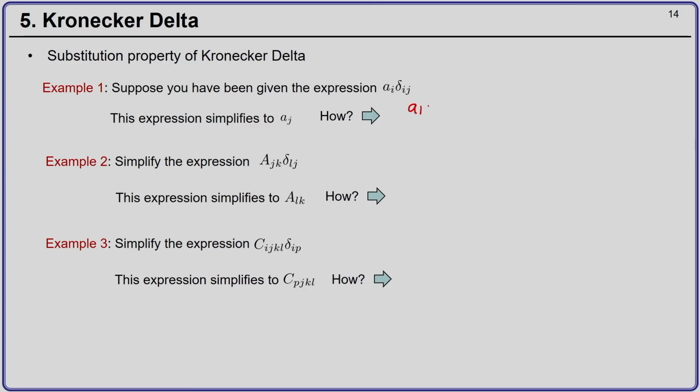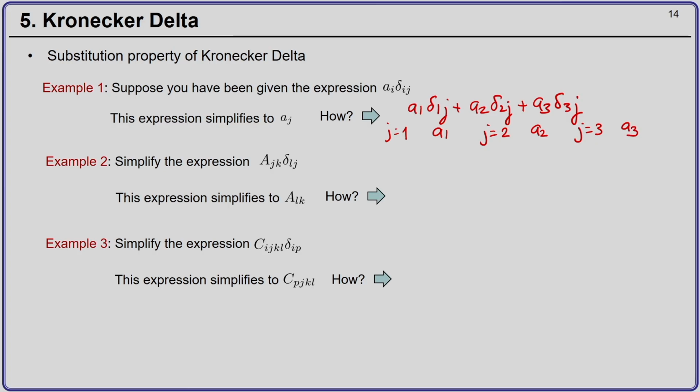So, we write A1 delta 1j plus A2 delta 2j plus A3 delta 3j. Now, when j has a value of 1, delta 11 will be equal to 1, but delta 21 and delta 31 will be equal to 0. So, when j equals 1, we are only left with A1. When j is equal to 2, we are left with only A2. When j is equal to 3, we are left with only A3.